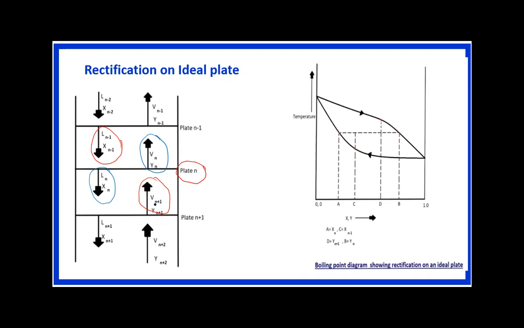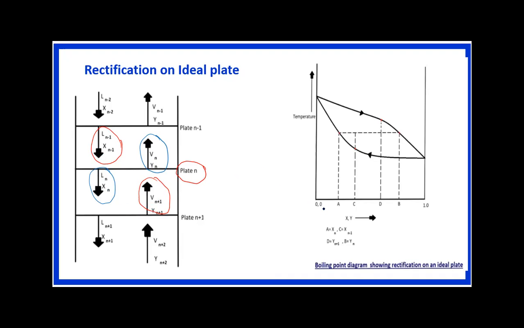V suffix n plus 1 is the vapor flow rate of these vapors, and the composition of these vapors is Yn plus 1. Right? So if you consider the nth plate as an ideal plate, then the rectification or simultaneous vaporization and condensation is going on in this way, right?